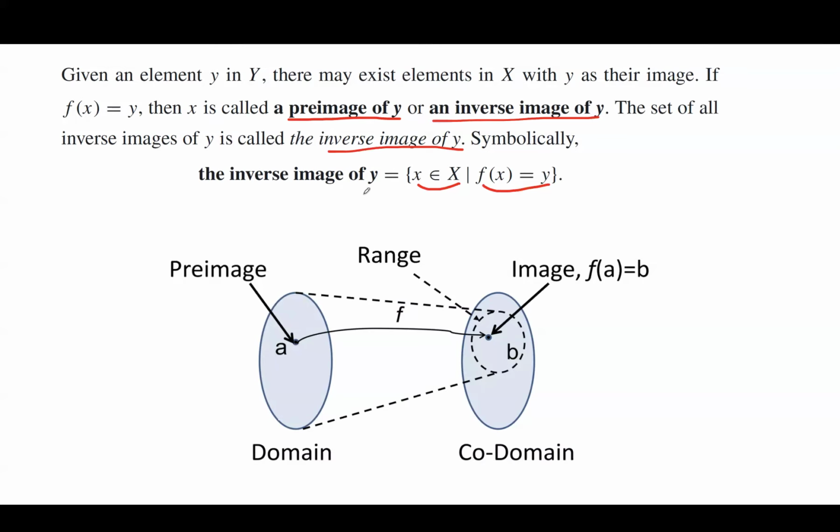The inverse image of y is the set of all x values here such that f of x is equal to y. So if I take a y here, we're looking for some x values in the domain such that f of x is equal to y.